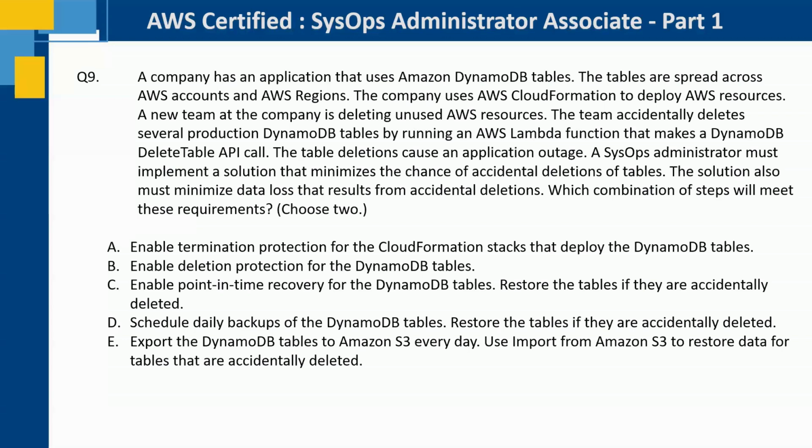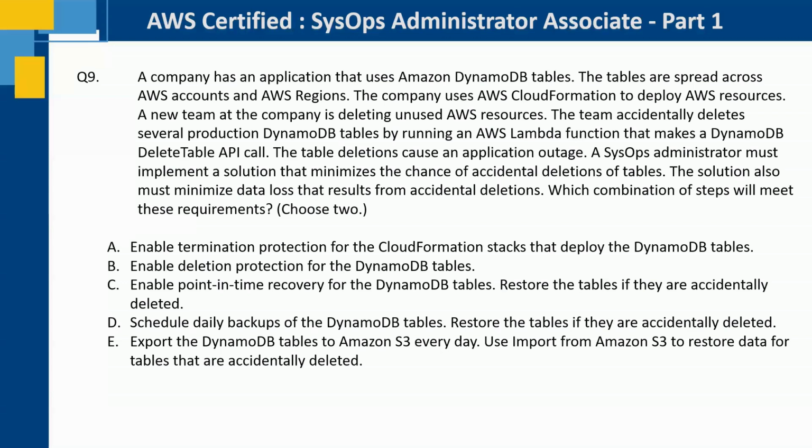The team accidentally deletes several production DynamoDB tables by running an AWS Lambda function that makes a DynamoDB delete table API call. The table deletions cause an application outage. A SysOps administrator must implement a solution that minimizes the chance of accidental deletion of tables. The solution also must minimize data loss that results from accidental deletions.